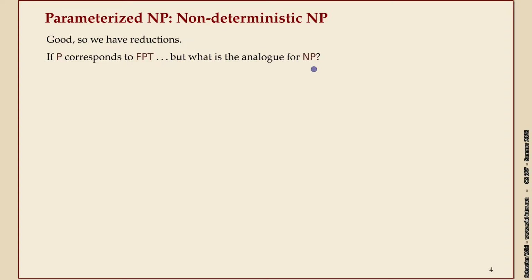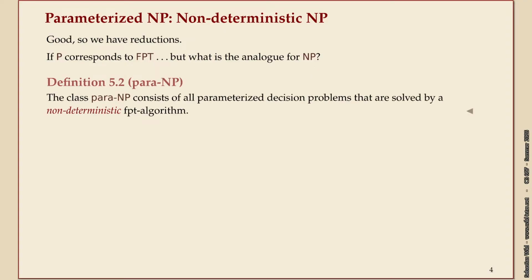But we need the kind of superset of things that we cannot really solve efficiently, but we have to somehow have a universe of problems to talk about. And that's not as obvious what to pick here, but one choice could be this class that's been called para-NP, so parameterized NP. I think it's a natural definition. You say we still allow FPT algorithms.